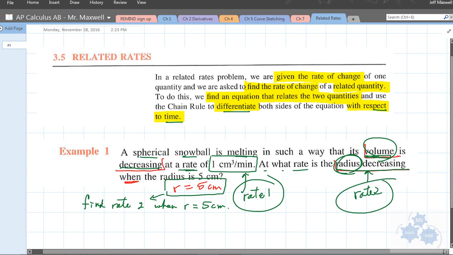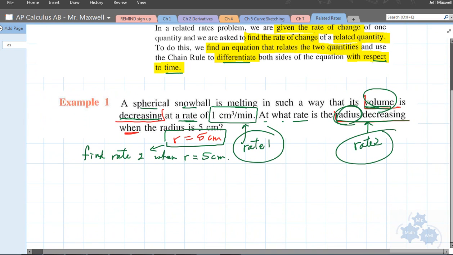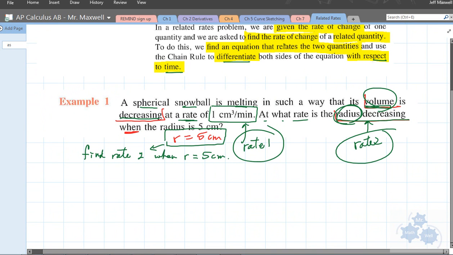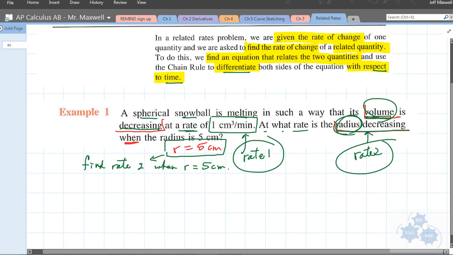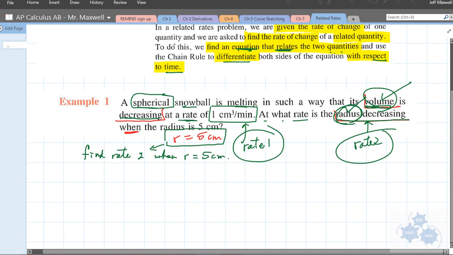Now, how do we want to go about solving this? Well, it says here in the notes that you took, we find an equation that relates the two quantities. So how are volume and radius of a sphere related? Can you think of a formula or an equation that relates the two? How about the volume of a sphere formula?